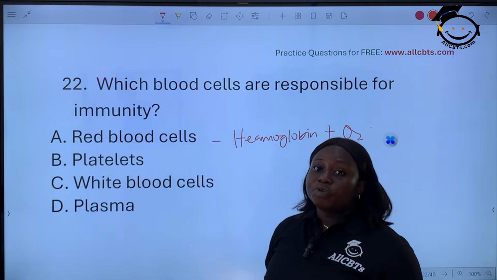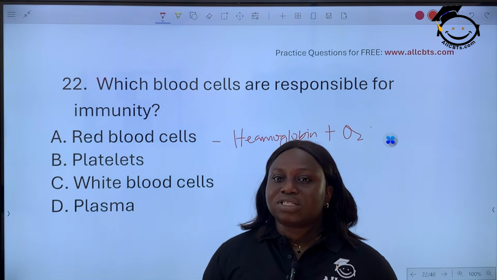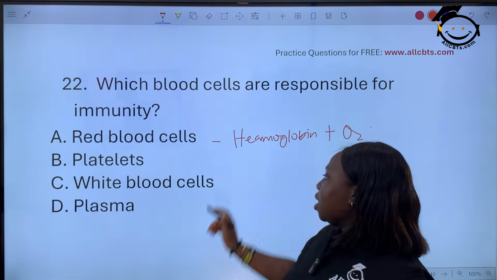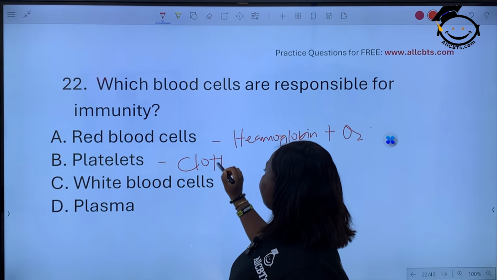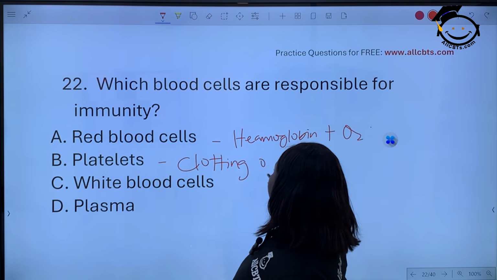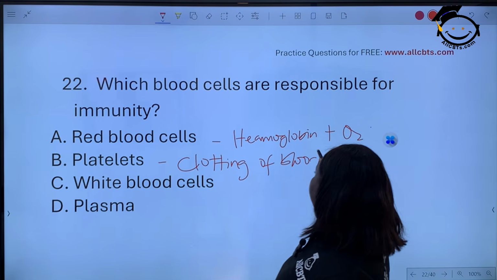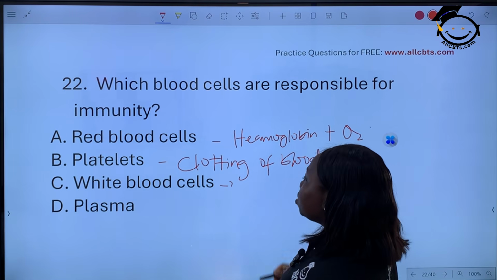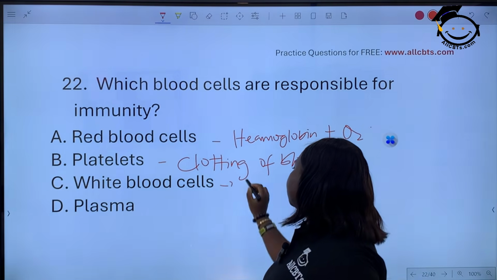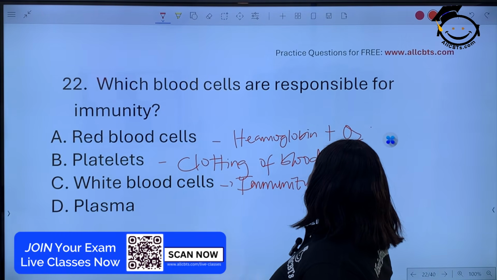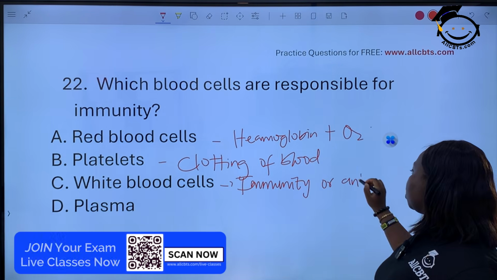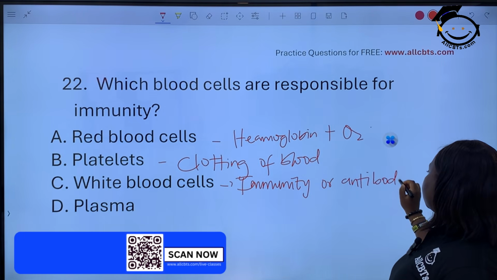Don't forget that the hemoglobin is also the pigment that gives the blood its characteristic red color. So we have platelets. Platelets is for the clotting of blood. We have white blood cells. Now, this is where immunity comes in. We have immunity or antibodies.